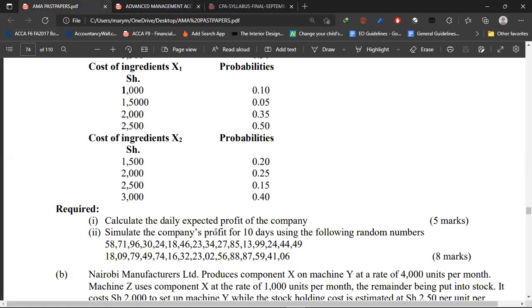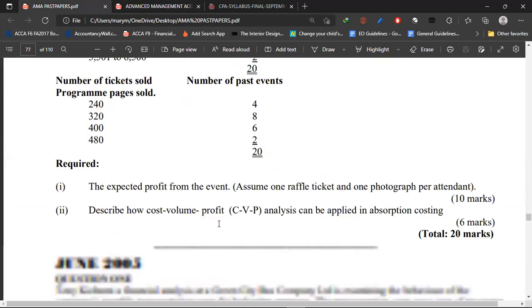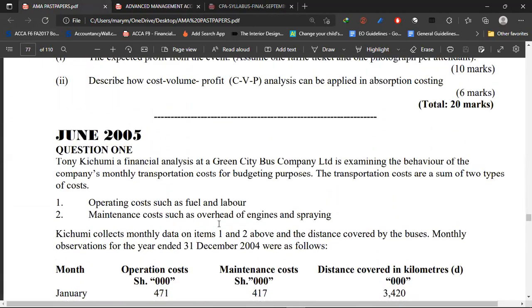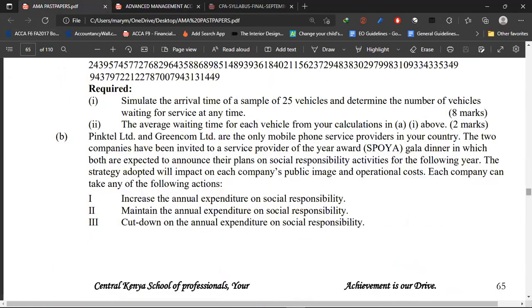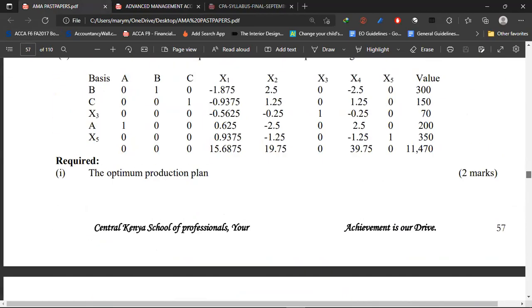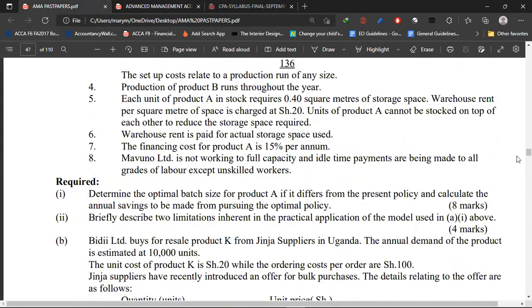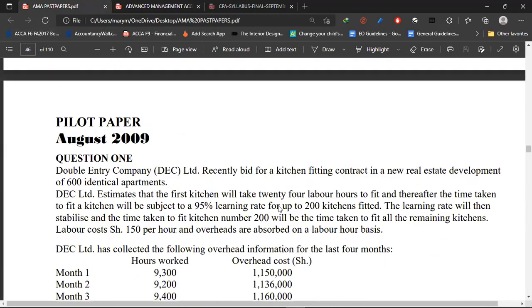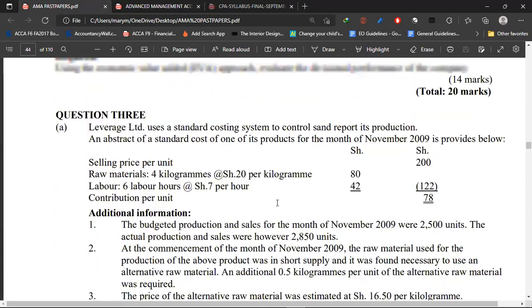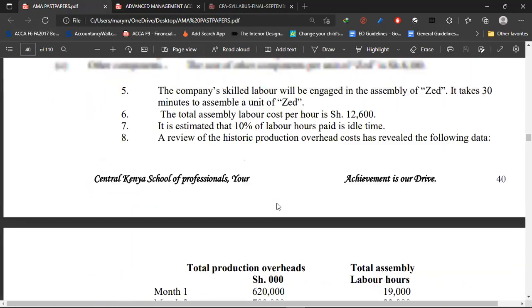So mimi naanzia huku chini kabisa. So hapa ni wapi? June 2005. We'll send you this document. Hawa watu hata wananga time ya kuseti mtihani. Nakuja kama hapa 2004. Unachukua swali zote hapa wanakuletea kwa mtihani. We don't have time. These questions are very many. Hata akienda 2006 anakopi paste hiyo mtihani yote.